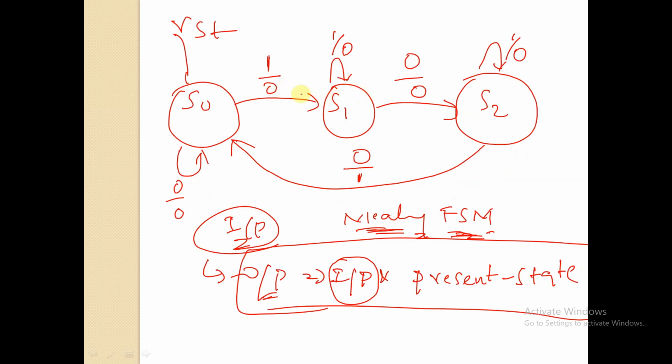In Mealy, we provide like 1/0, where 1 is the input and 0 is the output. Numerator is the input, and denominator is the output. This is to show that output is depending upon the input.